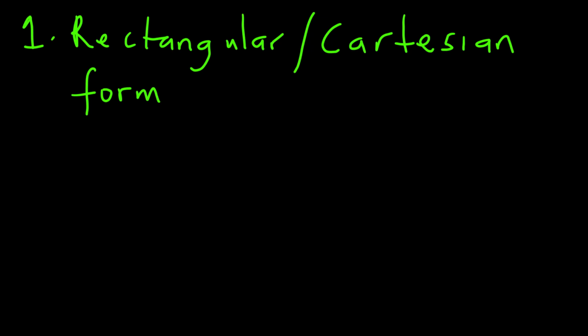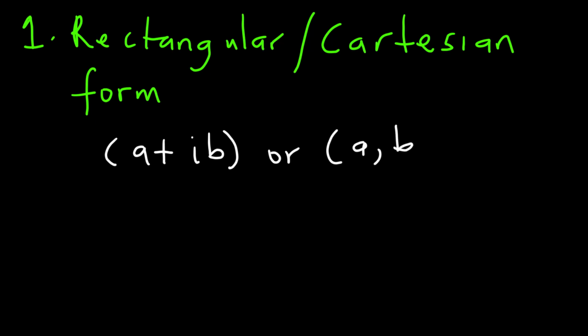In the Cartesian form, the complex number can be represented as a plus ib, or it can be represented as (a, b). For example, we can have a complex number z equaling 3 plus 5i.